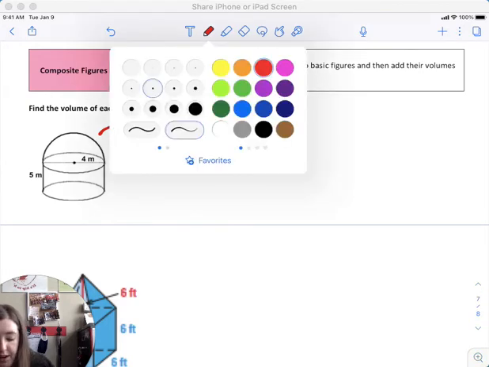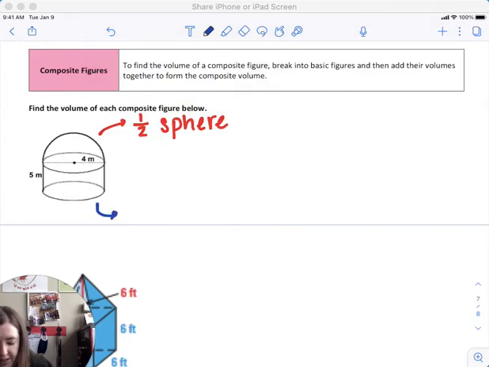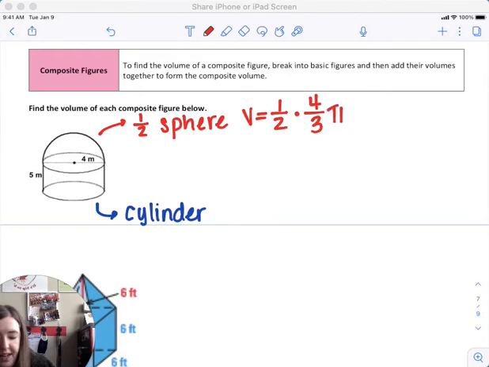And on the bottom, we have a cylinder. Now, the volume of a half sphere, we're going to do 1/2 times the volume of a sphere, 4/3 pi times the radius cubed. It shows me that the radius of the sphere right here is going to be 4.